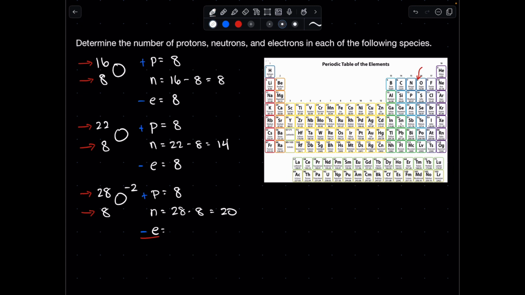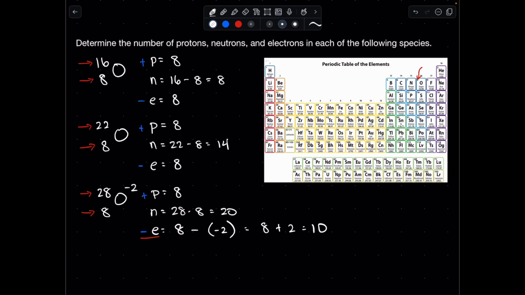So an easy way to do this is we'll use our atomic number again, and we will subtract our charge. So we're going to do 8 minus a -2. That is the same as if we were saying 8 plus 2, which is equal to 10. So in this case, we have 10 electrons.